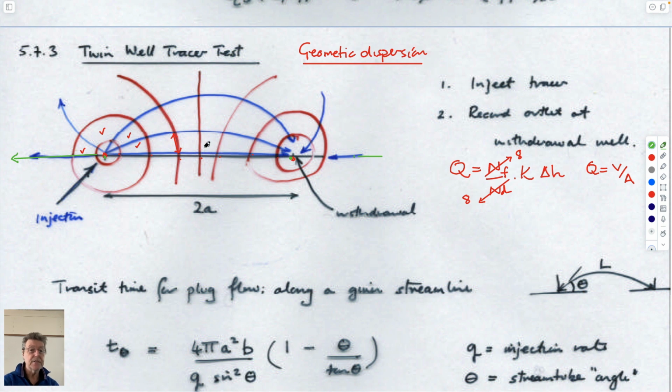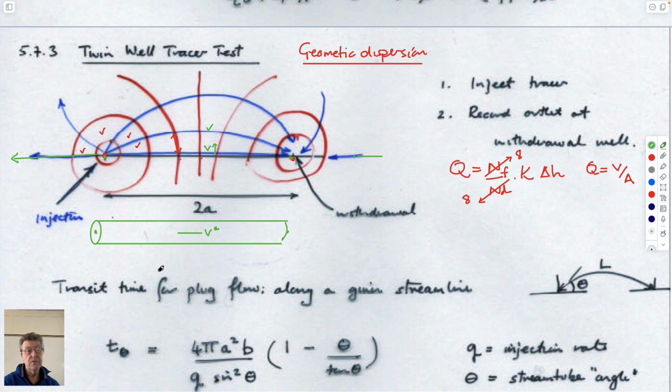And so if this is the fastest one, and these are progressively slower and slower, then I guess you could think about this as being your stream tube, which is kind of like a core. And it's going at some advective velocity from upstream to downstream.